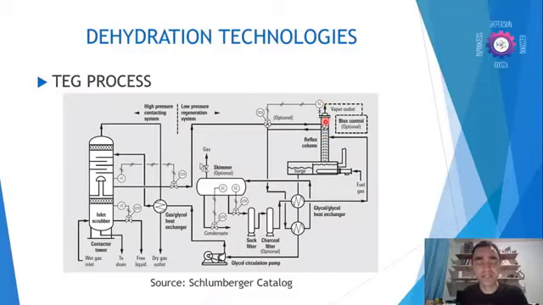Depending on the characteristics of your gas, if it has BTEX in its content, and BTEX is benzene, toluene, ethylbenzene, and xylene, the TEG will remove that from your stream, and it will be released in the reflux column. And depending on the regulations of the location and the quantity of gas that you are processing, you will not be able to release that to atmosphere. You will need to have another unit to treat this gas.